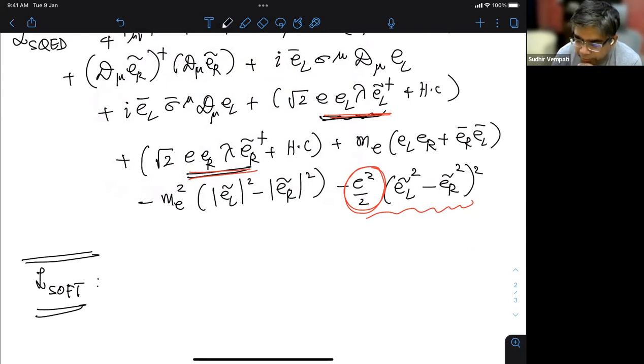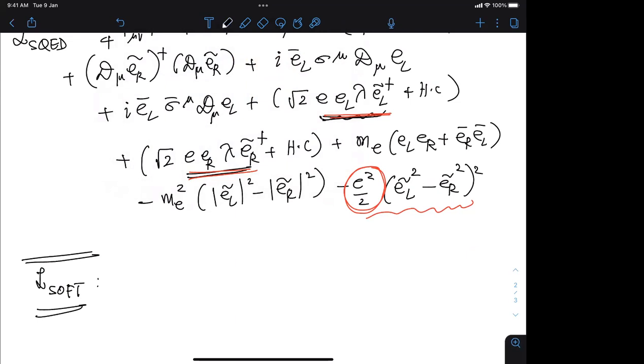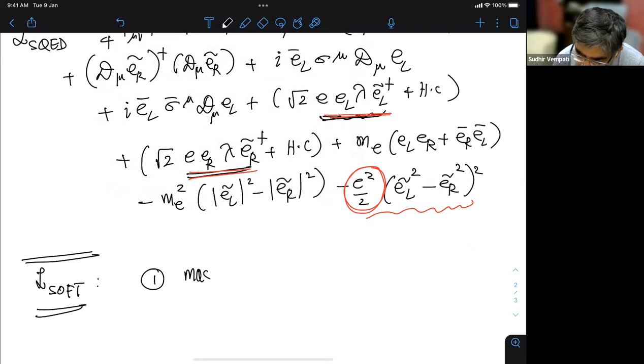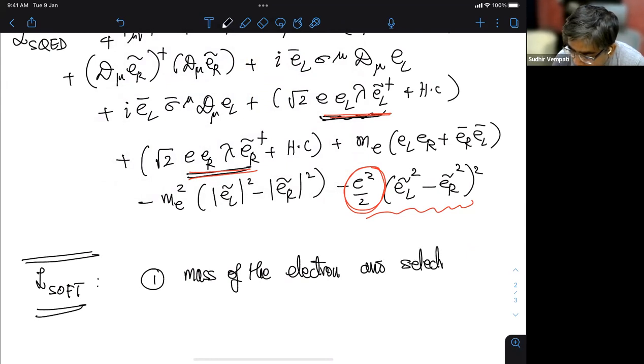So we said, just by inspection and by the argument of how supersymmetry should be broken and so on, that if you want to break supersymmetry, the mass of the electron and its selectron should be different.